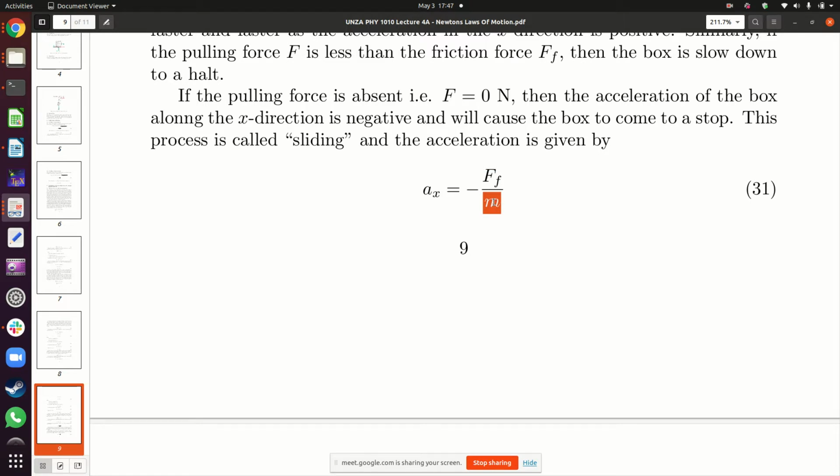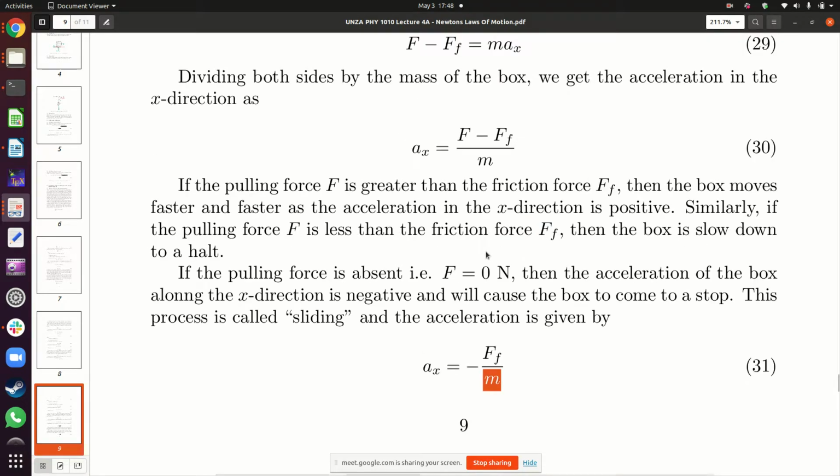With this value of acceleration, you can predict how far your object will go before it stops. You can predict what the velocity of the object is going to be at each and every point. Are we clear? Yes, sir.